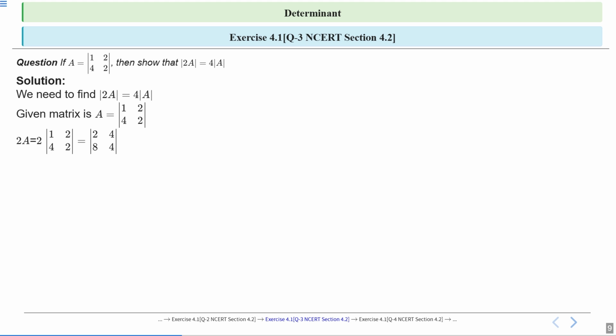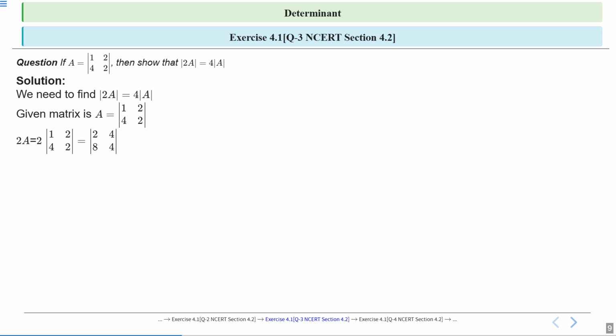So to calculate the determinant of 2A, at first we have to calculate the matrix 2A. And we know when we multiply a scalar with a matrix, the scalar is multiplied by each element.